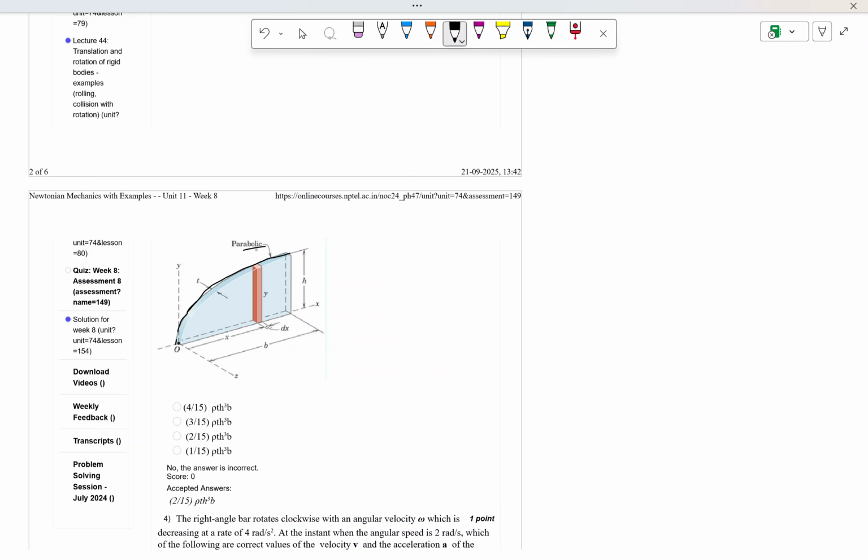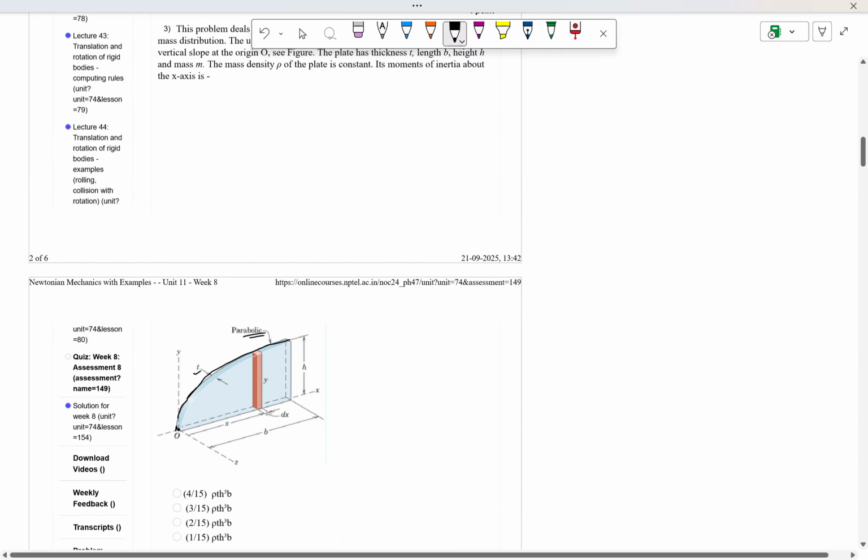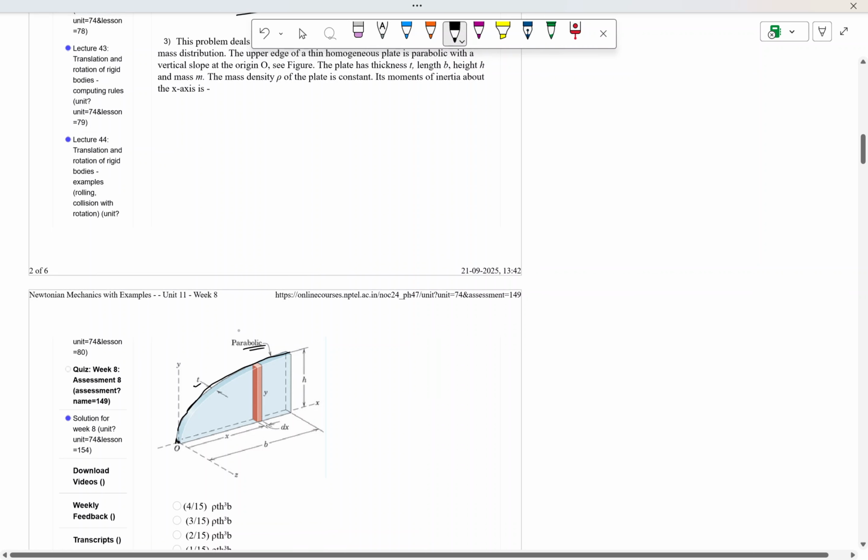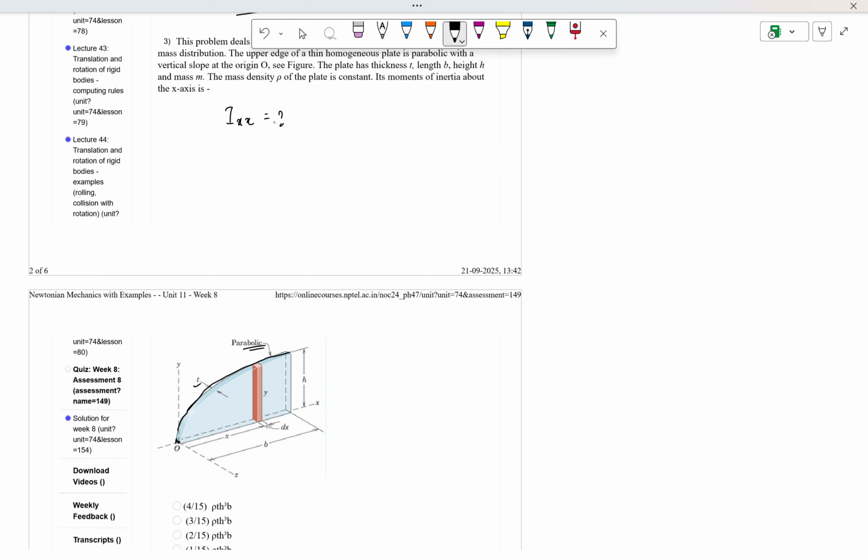This is the parabola, and this is the origin O. This is the height of the parabola at the extreme end, which is H, and this horizontal extent is up to B along the x-axis, and the thickness of this plate is T. And this is the uniform mass density rho, which is constant. Then what is the moment of inertia about x-axis? That means they are asking for the Ixx value.